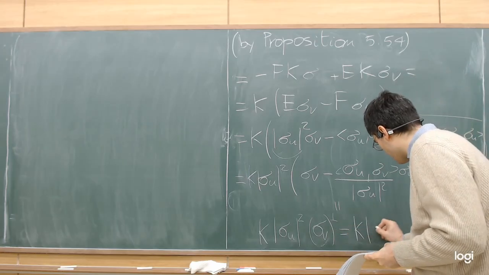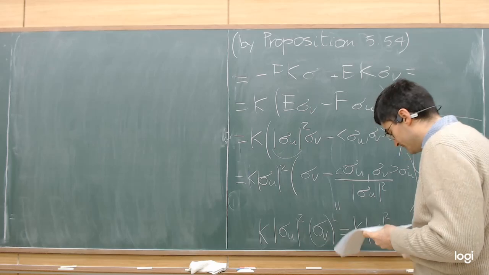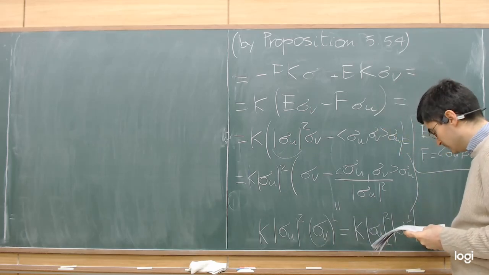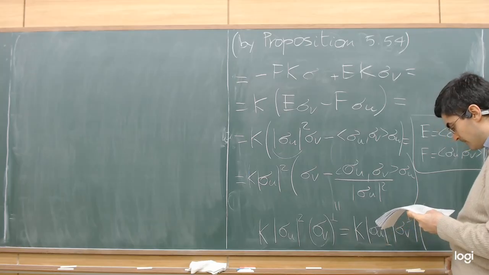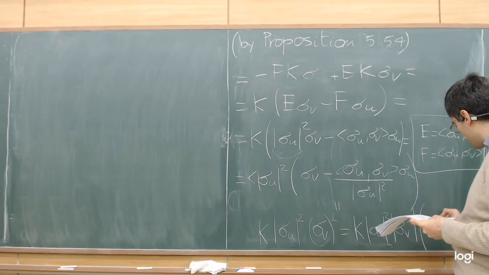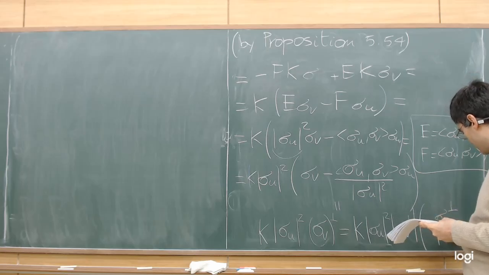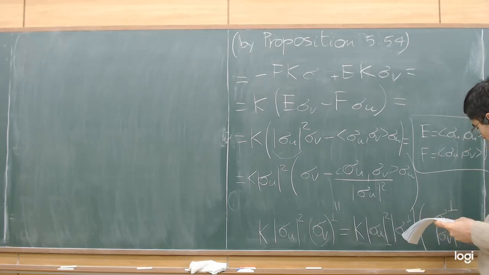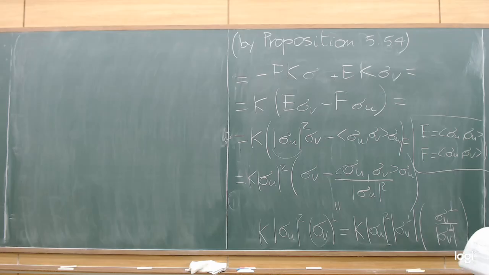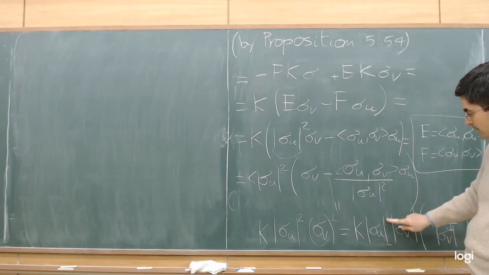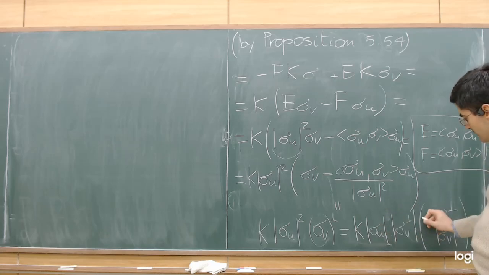So I have length of sigma u squared times the length of sigma v orthogonal times sigma v orthogonal divided by its length. And in order to save time, I write length of sigma u squared as the length of sigma u times the length of sigma u.